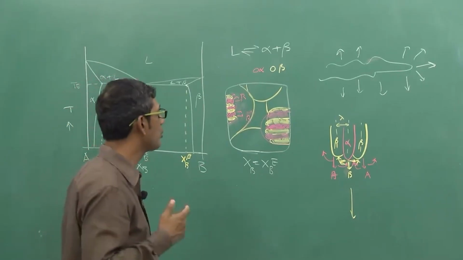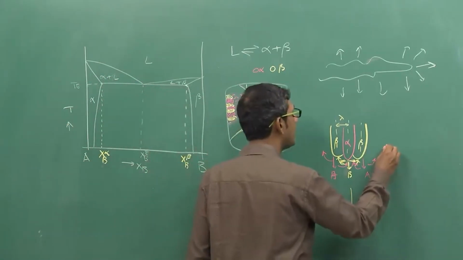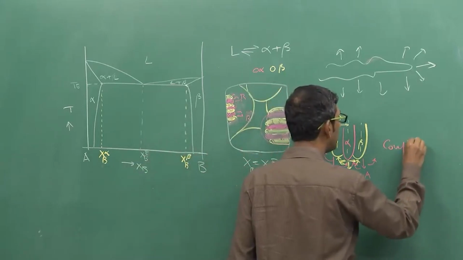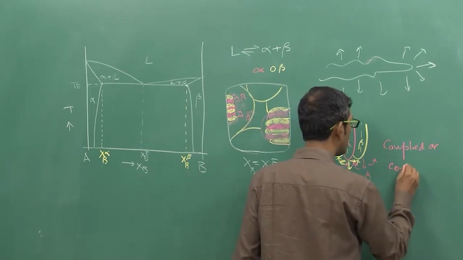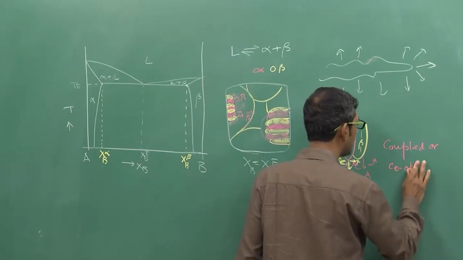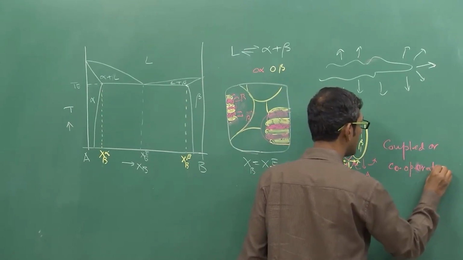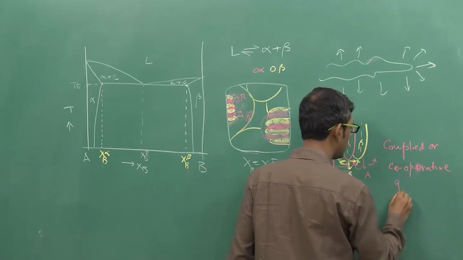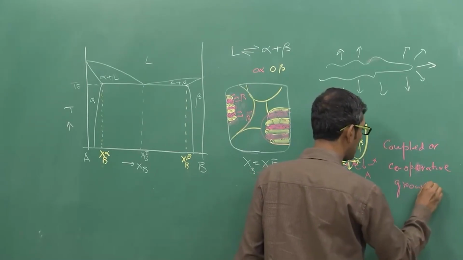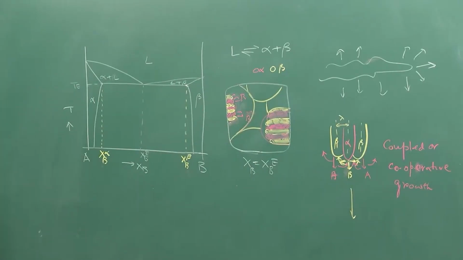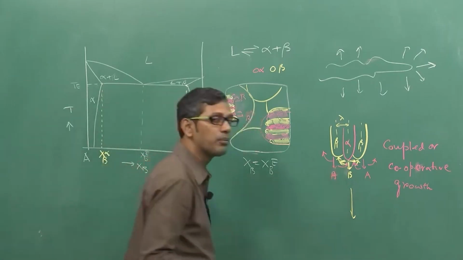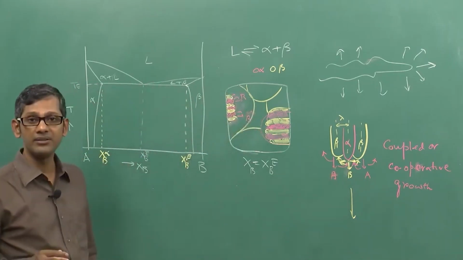And because they cannot grow separately, that is why it is called a coupled or cooperative growth in eutectic normally. So this is distinctly different from the dendrites. Dendritic growth does not require such a kind of coupling of the diffusion fields.